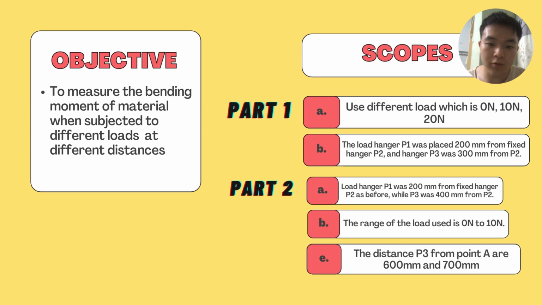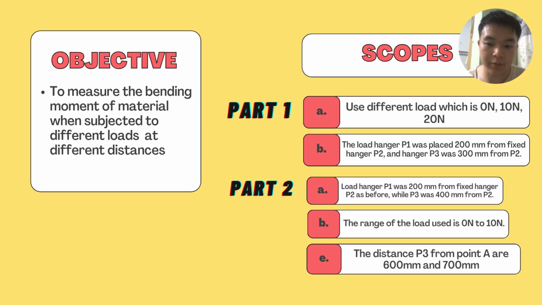Load hanger P1 was placed 200 millimeter from fixed hanger P2 and hanger P3 was 300 millimeter from P2. In part 2, load hanger P1 was 200 millimeter from fixed hanger P2 as before, while P3 was 400 millimeter from P2. The range of load that we use is 0 Newton to 10 Newton.